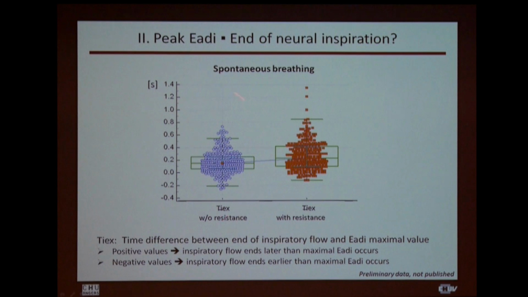Here we have the situation without added resistance, and we can see that the time difference between the end of inspiratory flow and the time of maximal EADI goes from minus 20 milliseconds, which means here that inspiratory flow ends before the occurrence of EADI peak, up to around 80 milliseconds, with here the end of inspiratory flow occurring 80 milliseconds later than the occurrence of EADI peak.